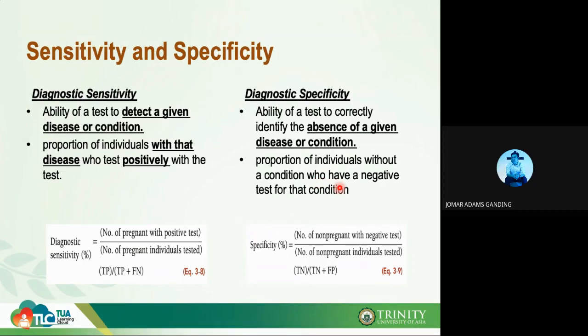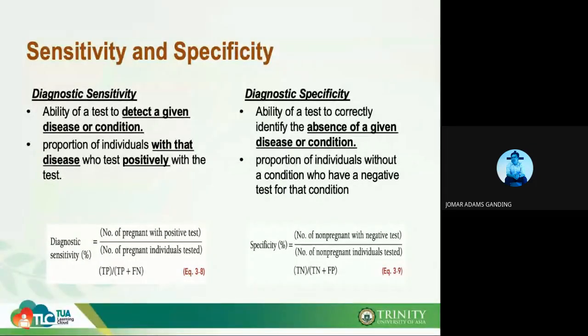So as you can see in the formula, diagnostic sensitivity is the number of the true positive over the false negative. So let me share my screen once again so that I can explain what is true negative, true positive, and false negative. I'm nearing the end.